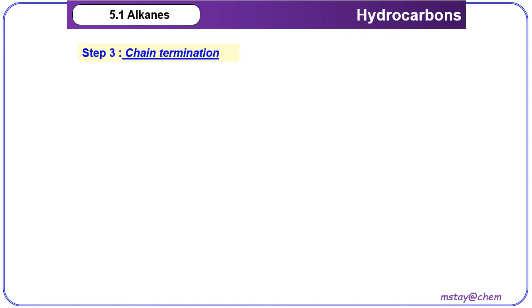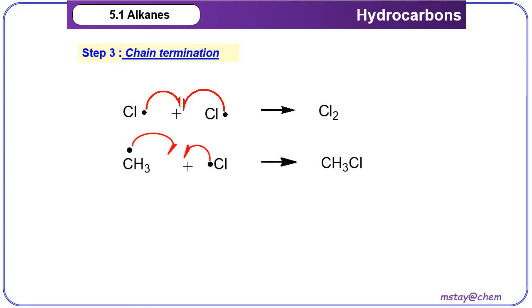In the termination step, there are 3 possibilities. Basically, the free radicals can combine together. If the free radicals of chlorine meet each other, they will form chlorine. If the free radical of chlorine and methyl meet together, they will become CH3Cl.